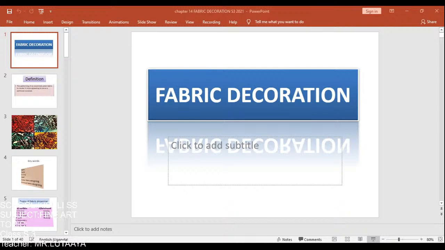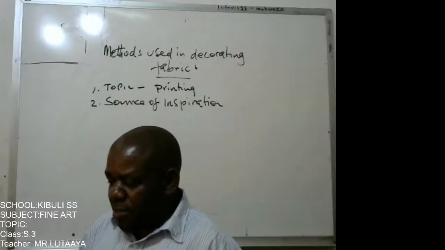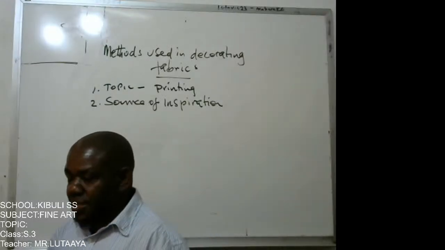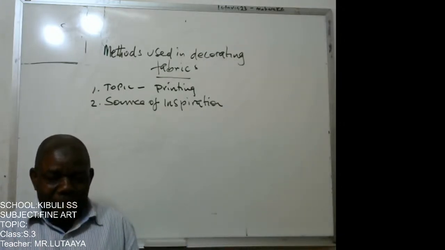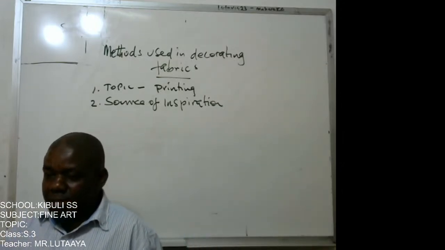Remember when we were looking at drawing, there are some techniques we looked at that can help you in drawing. One, you can look at an object by observing it. It can be a butterfly, observe it, then you draw it on the paper.